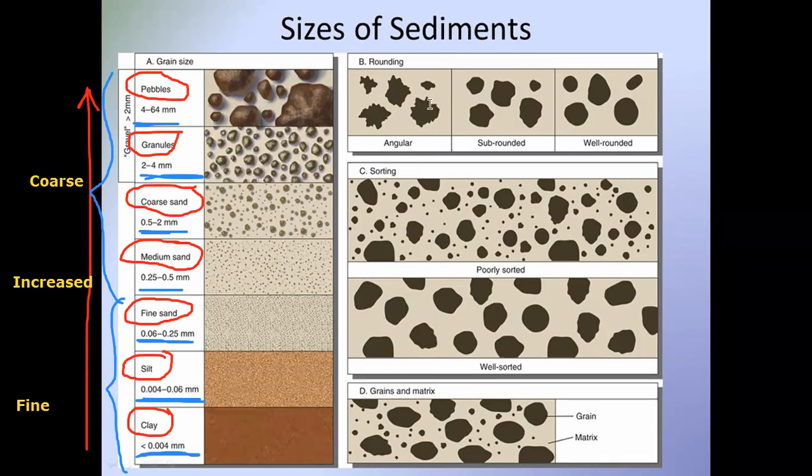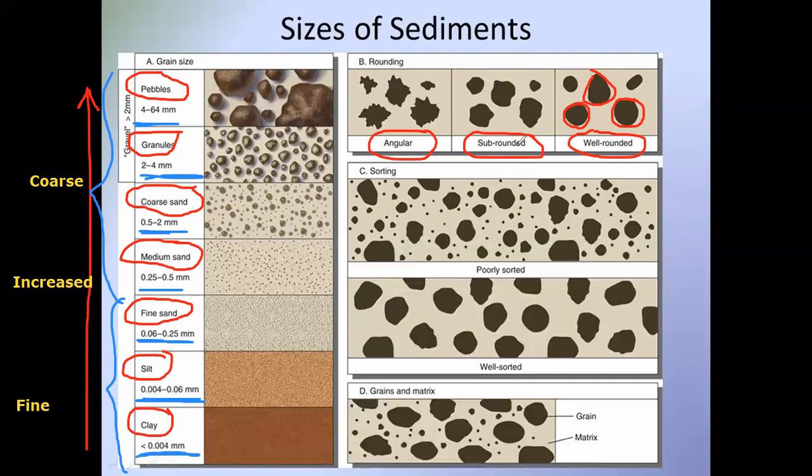Now, when you look towards the right hand side, the various classifications are given. Here the angular sediments are there. Here shapes are given. The edges are very sharp, that's why it is considered an angular sediment. Sub-rounded and well-rounded categories are also there. In the well-rounded sediments, the edges are more or less perfectly rounded, that's why they are considered well-rounded sediment.